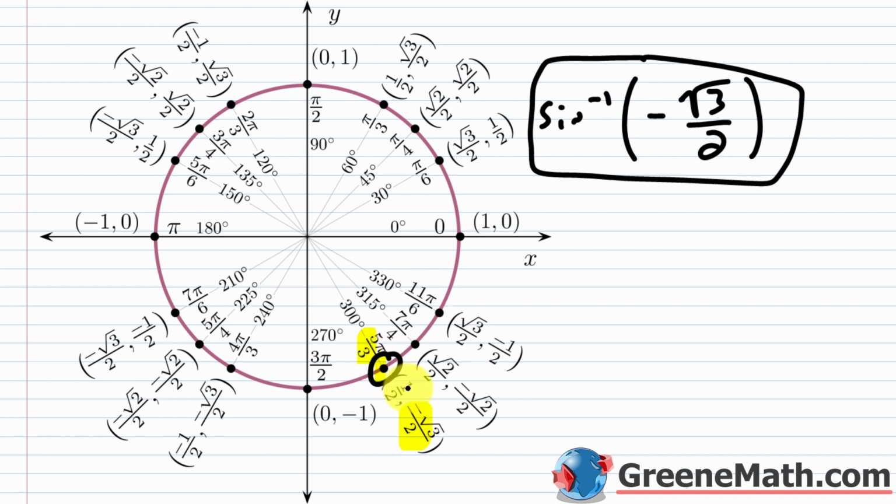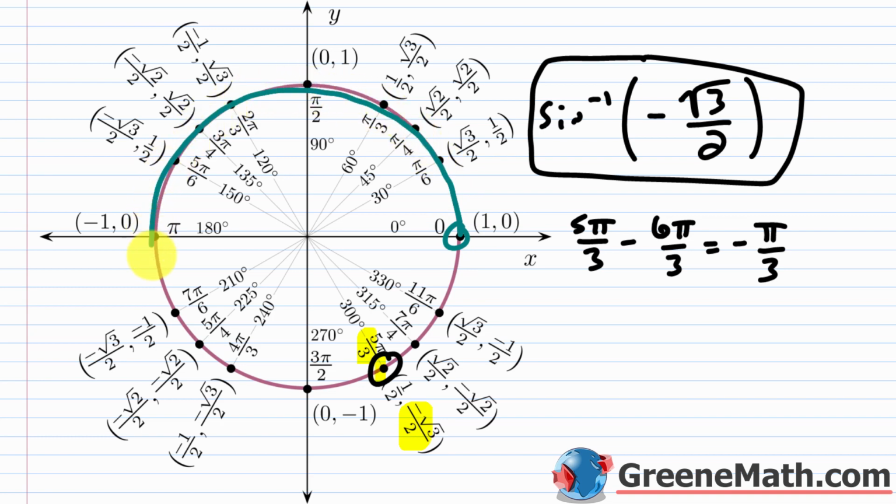So what you can do, the slow way, is to say you have 5pi/3, and you're going to subtract away 2pi. So minus 2pi, so that's 6pi/3. So that gives you -pi/3. So that would be the answer there. And what you're basically doing is saying, okay, if I started here and I rotate to this 5pi/3, well, to correct for the fact that with the inverse sine function you're rotating clockwise, I really want this one right here.